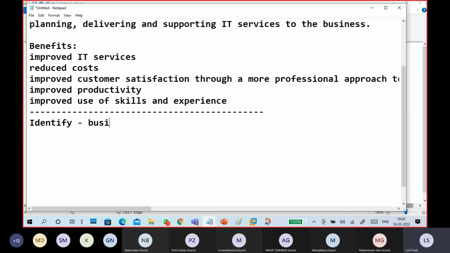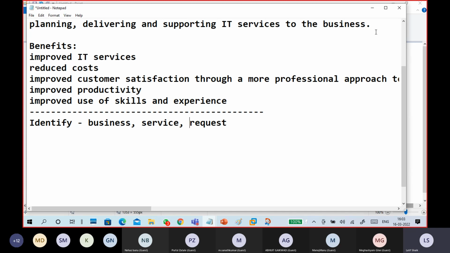Identify business or a service or a customer request. So different types of things will be there. Identify business. What is the business in the market?